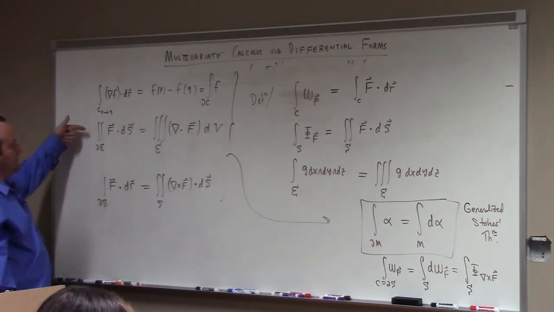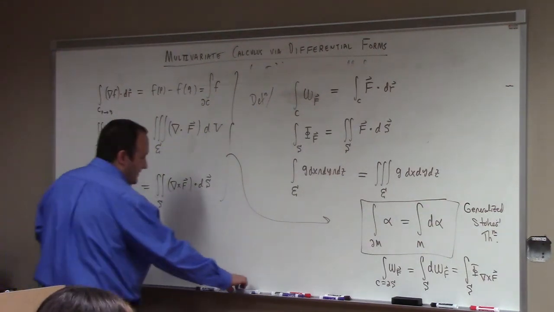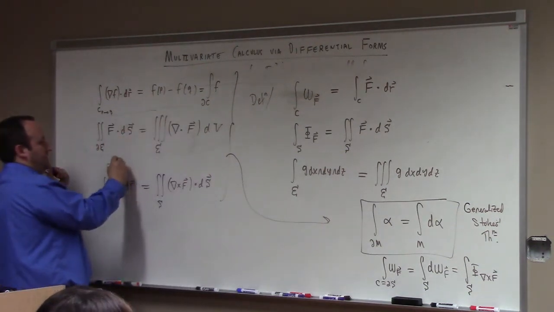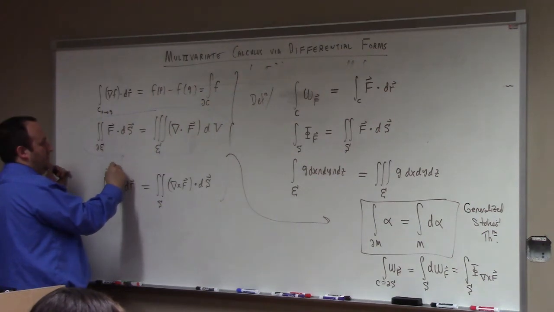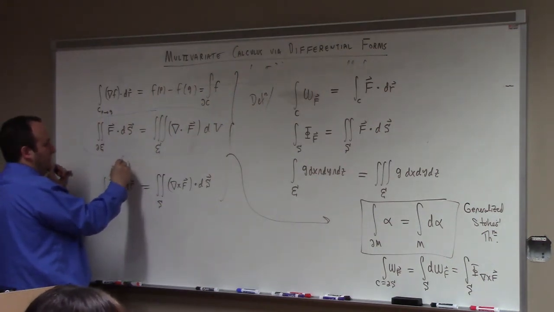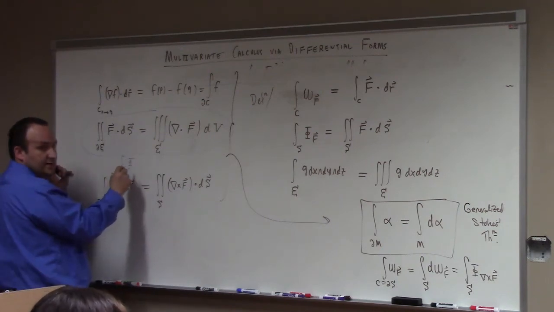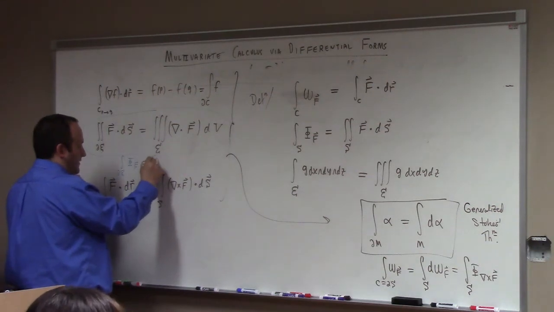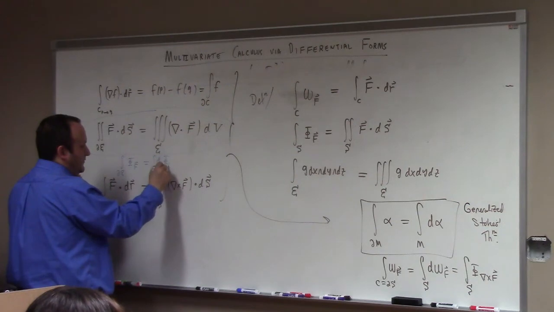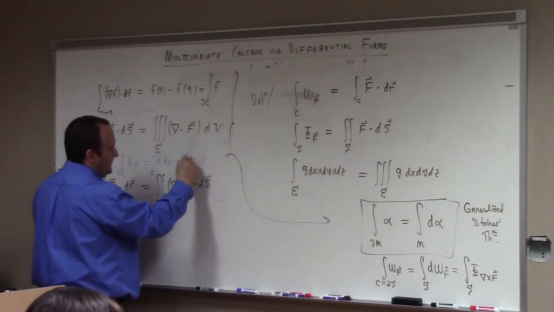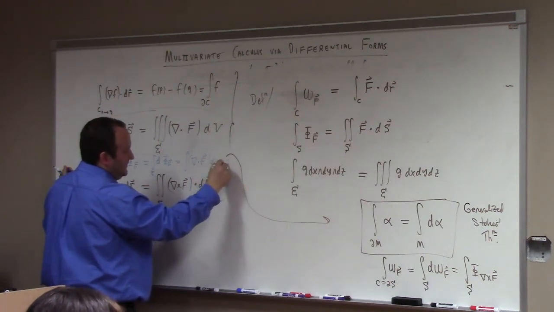To get the divergence theorem from the Generalized Stokes Theorem, what would you look at? Just look at the integral over the boundary of a simple solid of the flux form of a vector field F. That would be equal to the integral over the simple solid of the differential of the flux form, which we proved is the divergence of the vector field times the volume, dx wedge dy wedge dz.